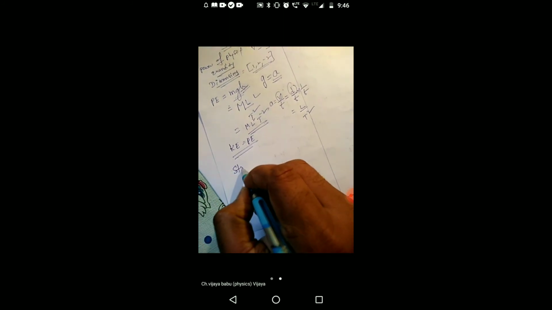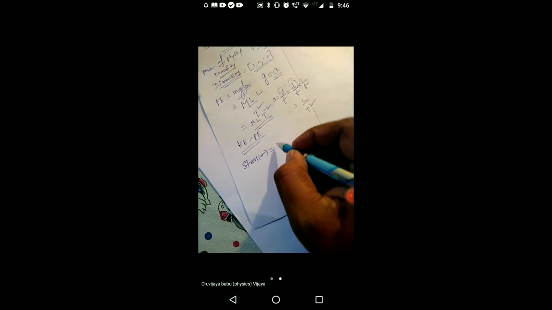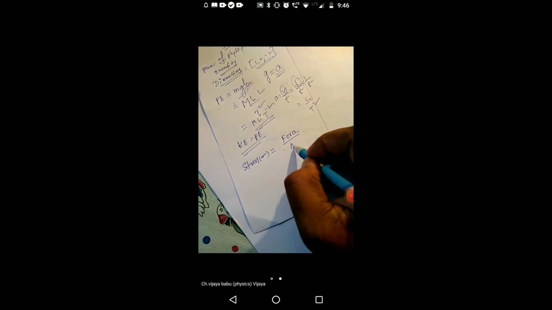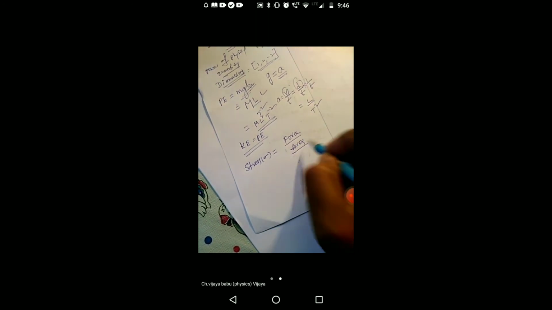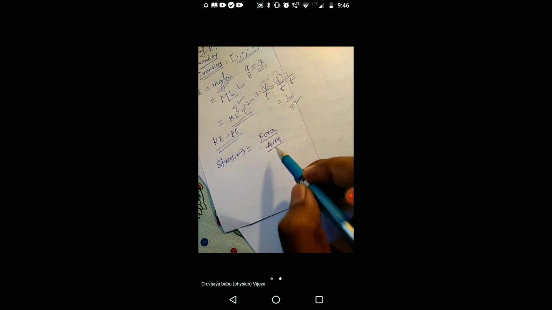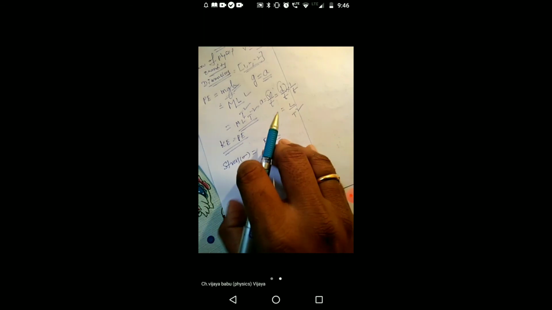stress. Stress sigma equal to, you know very well, force by area. It means if you want to write the dimensional formula of stress, force by area, first you have to write the dimensional formula of force.